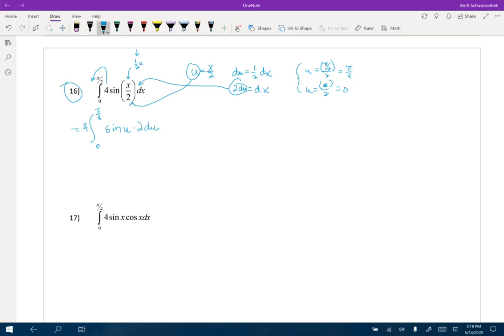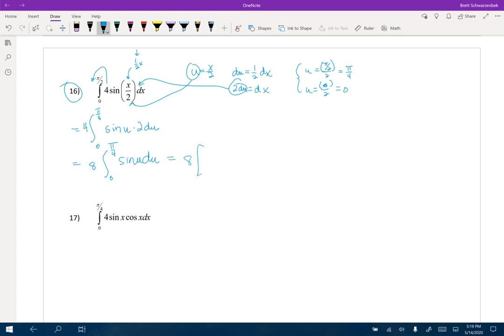Moving on. This 2 can go to the outside and we get 8 integral 0 to pi over 4 of sine u du, which means we can now take our antiderivative.